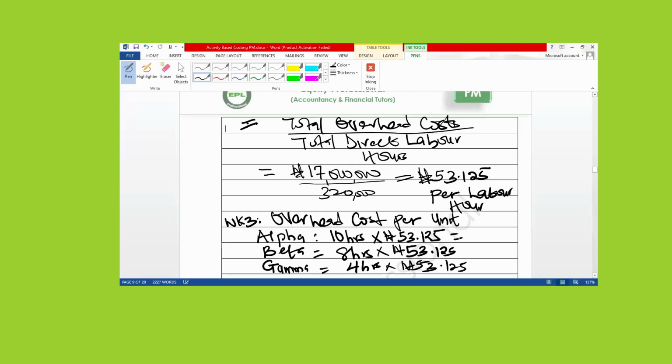The first one is 531.25. The second one is 425. And the third one, 212.5. Correct.